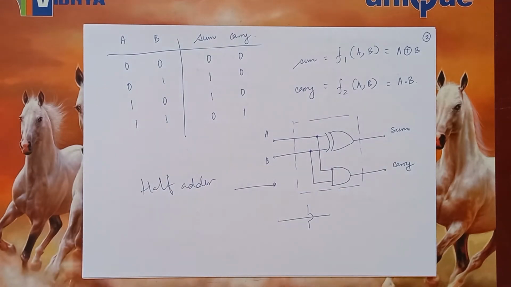Now you may question, what do I mean by half an adder? It is still adding. Well, if there is a half adder, there has to be something called a full adder. Yes, it is there. A full adder is a circuit that can add three binary bits, not just two.